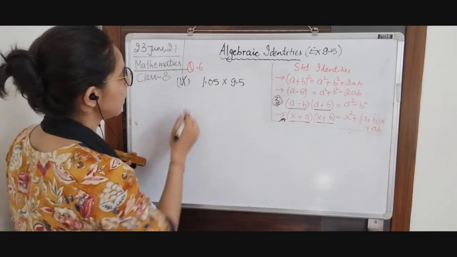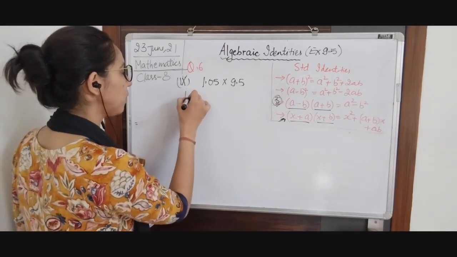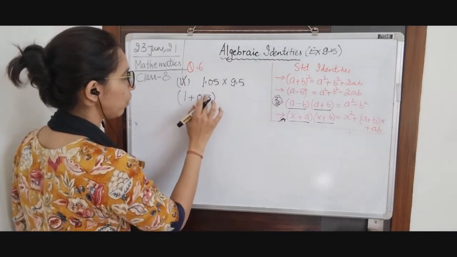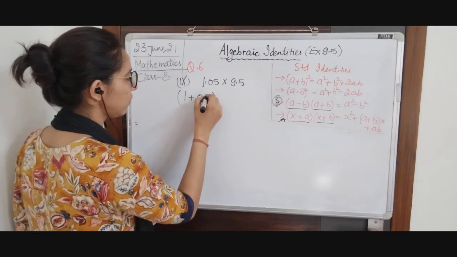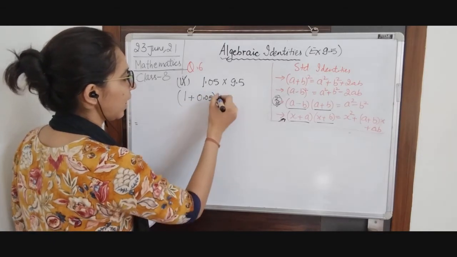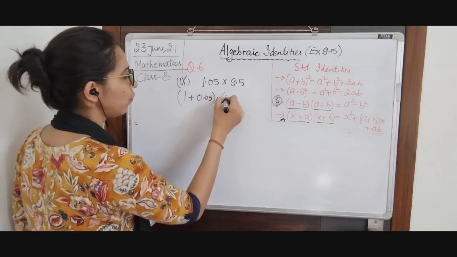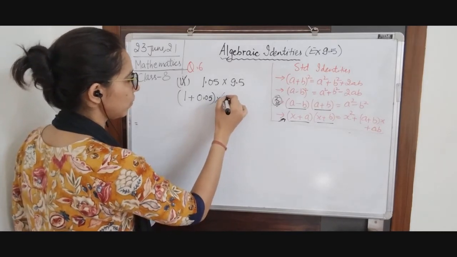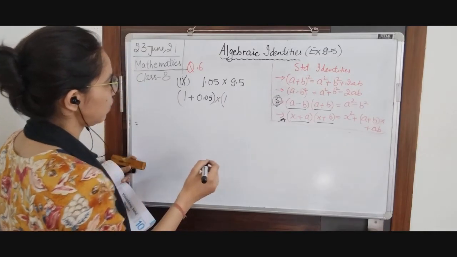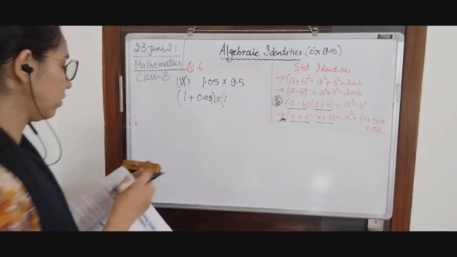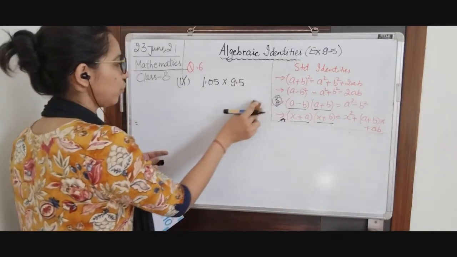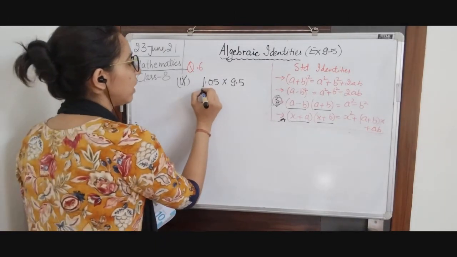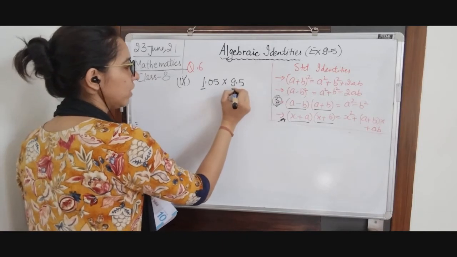Anyway, this is 1 plus 0.05, and the second term is 9.5. We are not going to attempt it like this. We are going to make a simplification, because in it we are getting 1, in it we are getting 9.